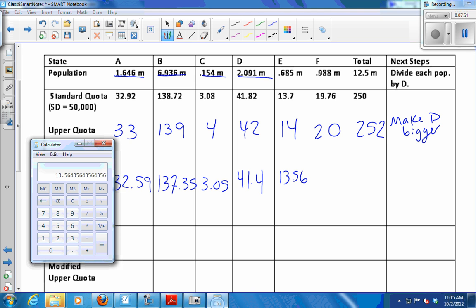And one more, 988,000 divided by 50,500, 19.56.